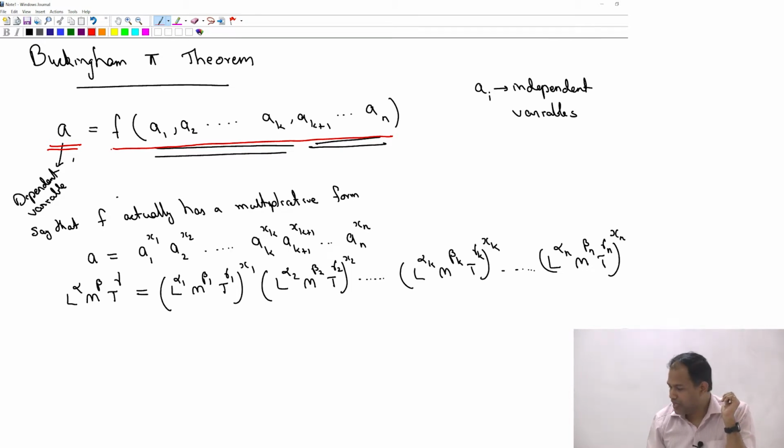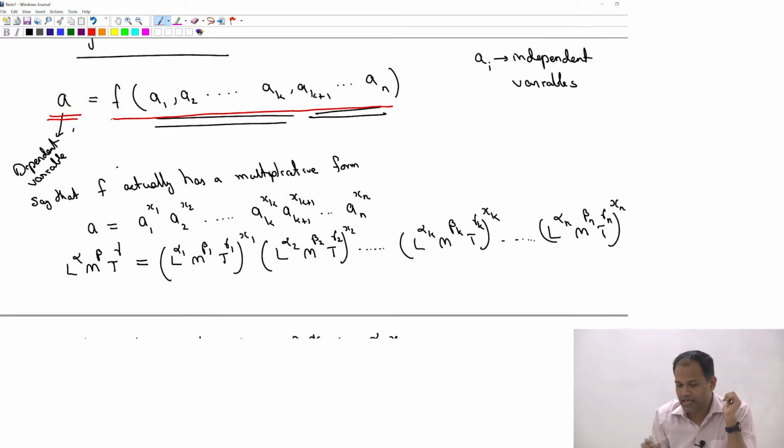To do that, let's say that this function is actually of a multiplicative form. That is, if small a, the dependent variable, is expressed as multiples of powers of each of the variables, a1 to the power x1, a2 to the power of x2, and so on.